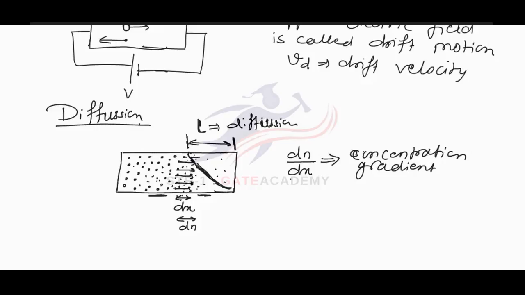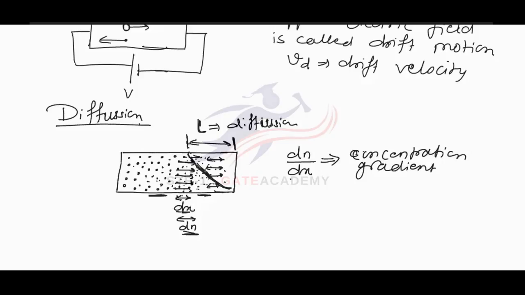Here many charge carriers come forward, and after some time the concentration will be a little bit higher here, and now the difference in the carrier concentration at this point will be less as compared to this difference dn with this dx.